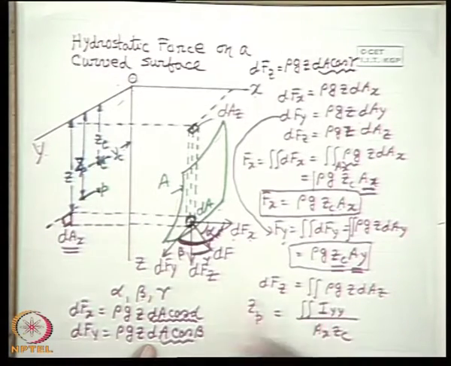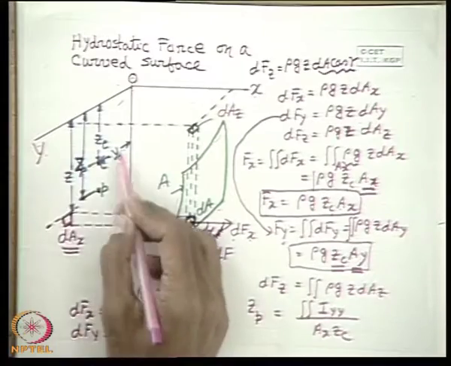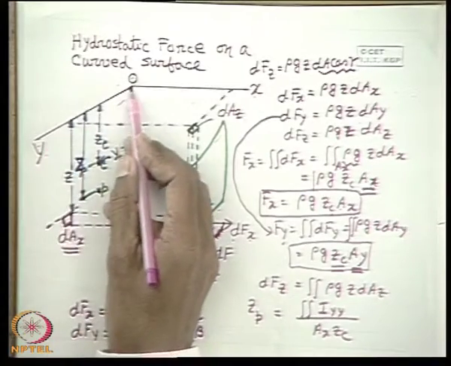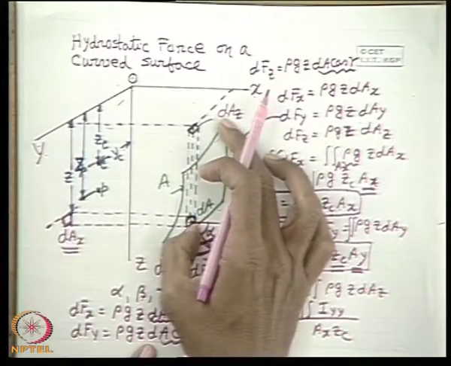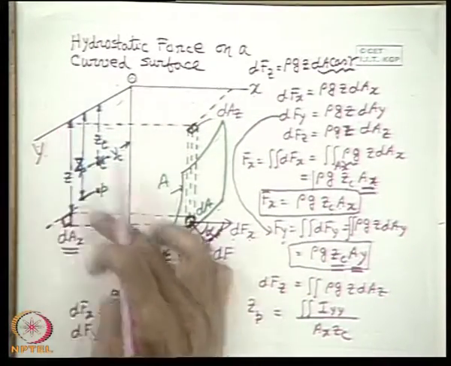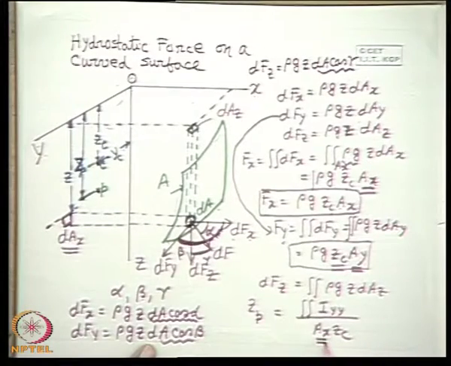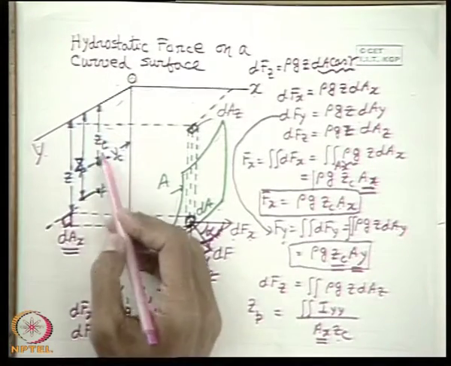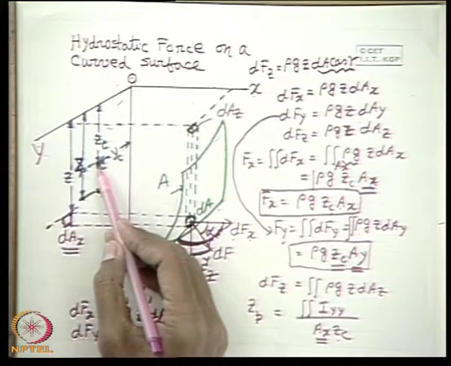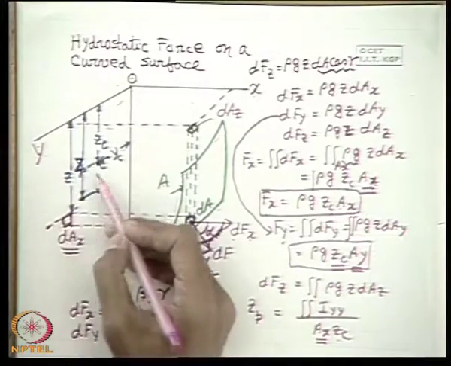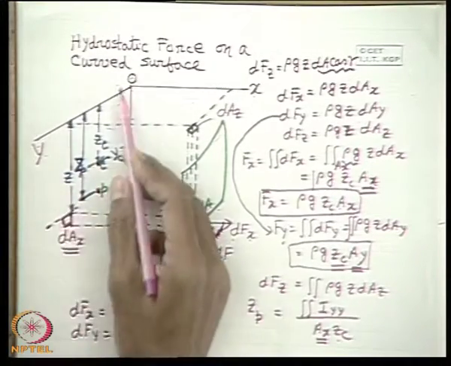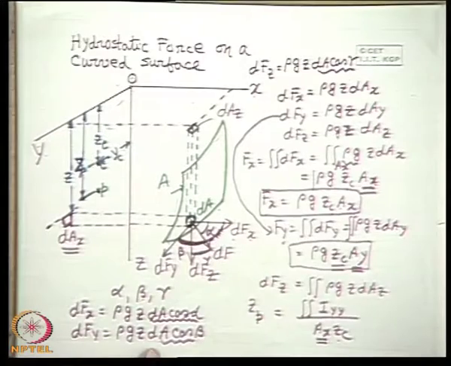That means the moment of area of the projected area on the yz plane about the Oy axis divided by this total projected area Ax of the curved surface in the yz plane, times the Zc. That of course we can change again by the parallel axis theorem, by transforming this second moment of area about the Oy axis to another axis parallel to Oy through C. You can do that as we did in the case of a plane surface.